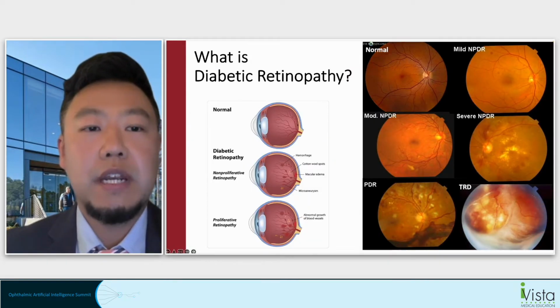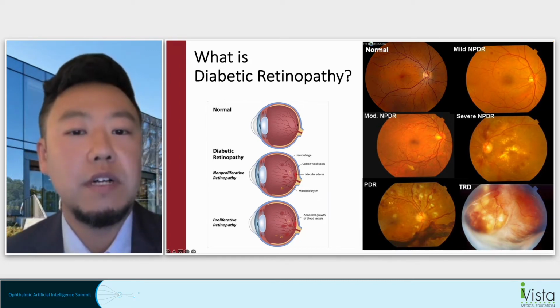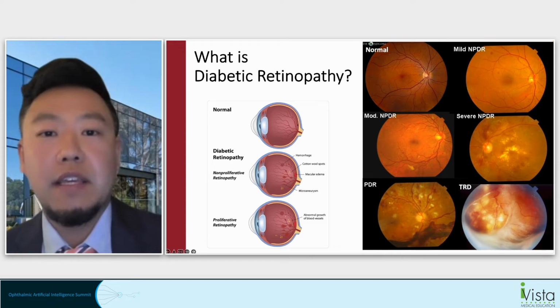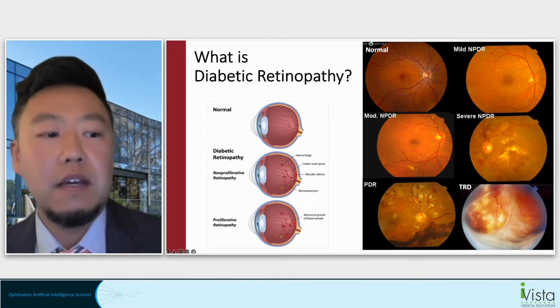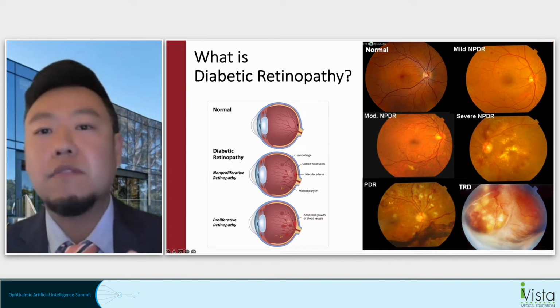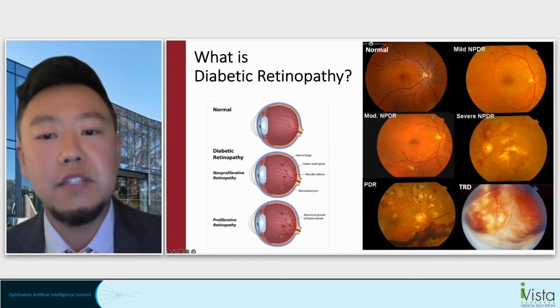So what is diabetic retinopathy? This audience doesn't need to know the details, except to say that here, diabetic retinopathy is the manifestation of diabetes in the microvasculature of our eye. It's staged in very specific grades from mild non-proliferative diabetic retinopathy to proliferative and then end-stage TRDs.